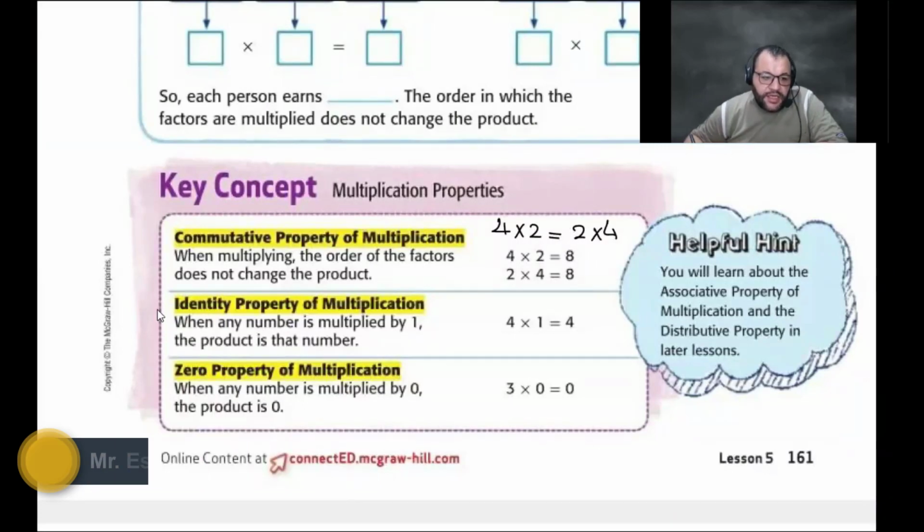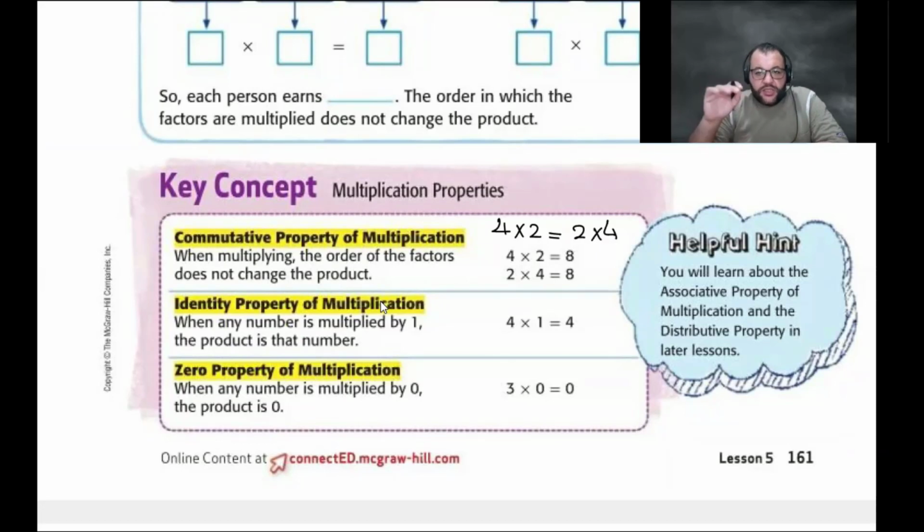And the next property that we have is the identity property. What is the identity property? If you multiply any number by 1, the result will be the same. The result will not be changed. That's defined by the identity property.